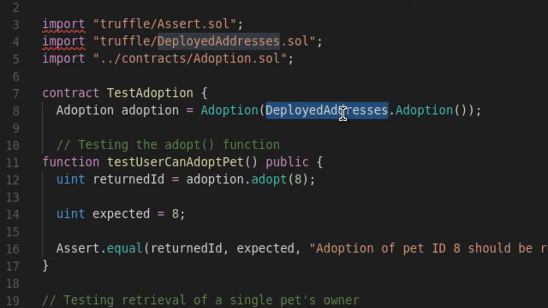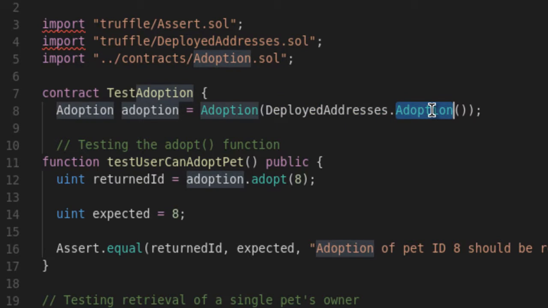The Truffle framework provides DeployedAddresses, which can give you the address of the deployed contract. If you want to get an address, we can use DeployedAddresses dot the name of the contract. It will return that address, so this variable will hold the address.